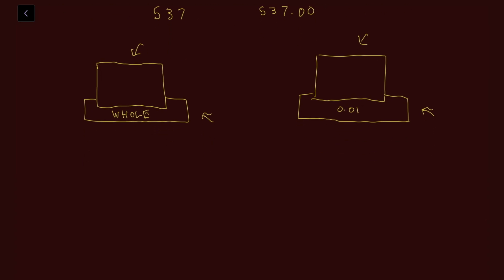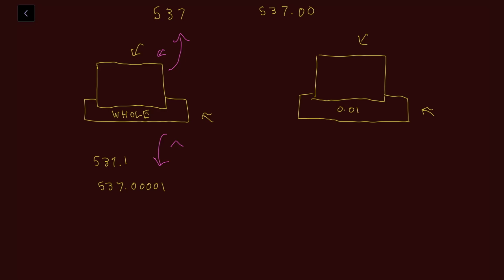Now, when you go to weigh this block right here, it's going to tell you that this block weighs 537. That's all you know. You don't know if it weighs 537.1 or 537.000001. This scale is incapable of this level of accuracy.